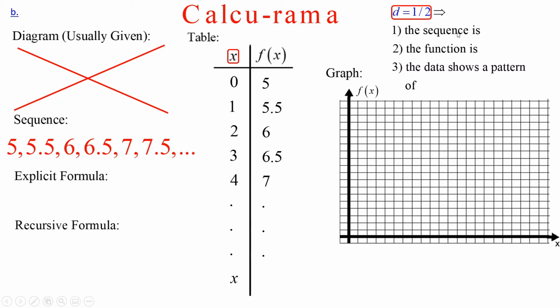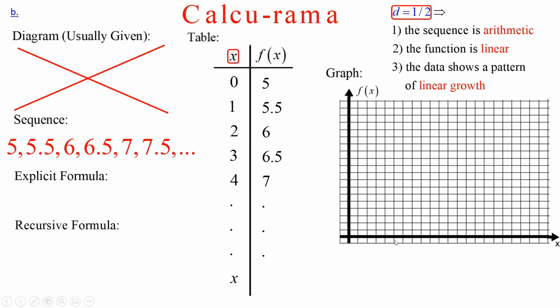That means this sequence with a common difference must be arithmetic. If I create a function based on an arithmetic sequence, then my function will be linear. So that means the data will show a pattern of linear, and because my common difference is a positive number, that would be linear growth. Oh, beautiful.